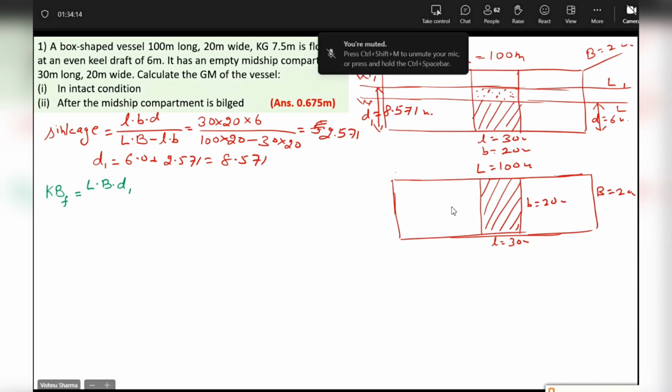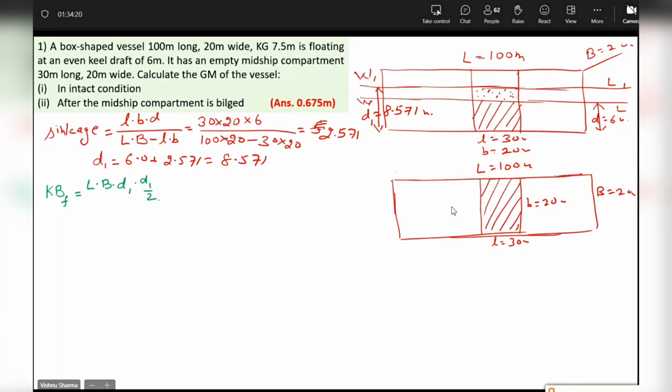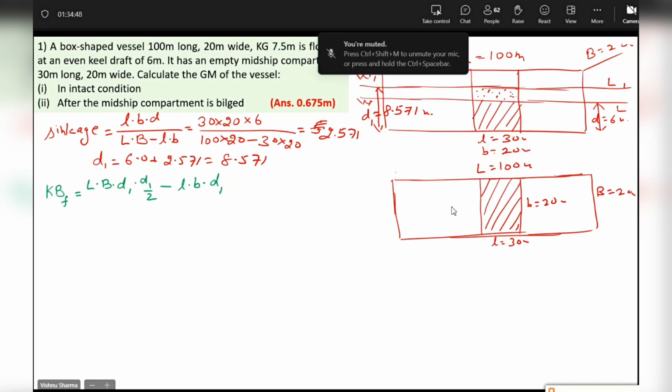I look at the lever for this one and multiply with the lever D1 by 2. This is the vertical moment of the underwater volume up to W1 L1. From there, I subtract the vertical moment of volume that is under the water, but not contributing to buoyancy. And I look at the diagram again. The volume that is under the water and not contributing to buoyancy is small l, small b, D1. I look at the distance of its geometric center, the lever, D1 by 2.